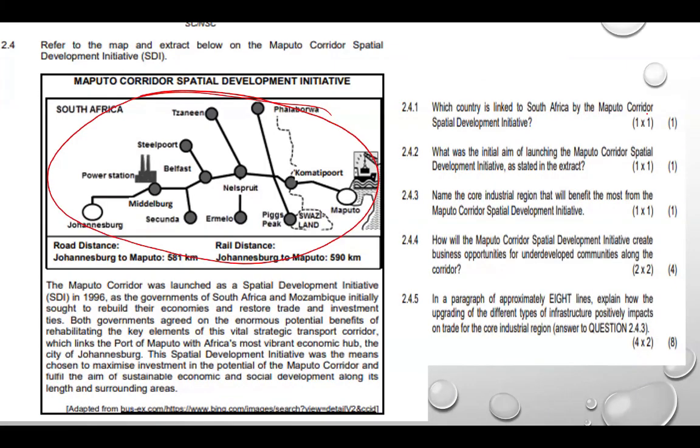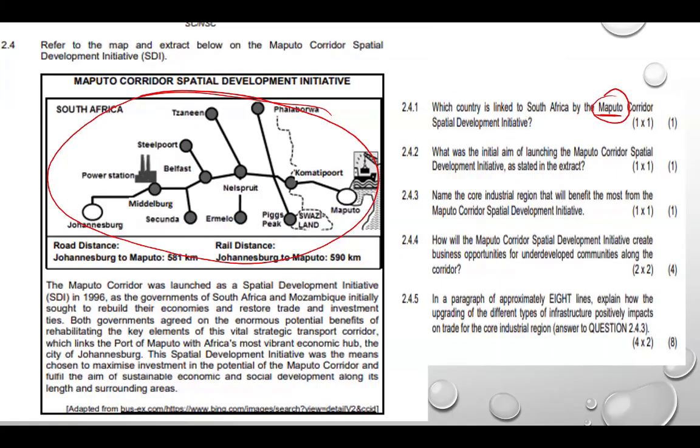Which country is linked to South Africa by the Maputo corridor? So now here is Maputo. You must know where Maputo is found, in which country. From there you'll know it is Mozambique. The number one country that you should know is Mozambique.